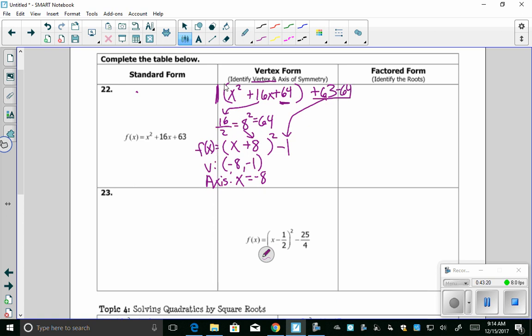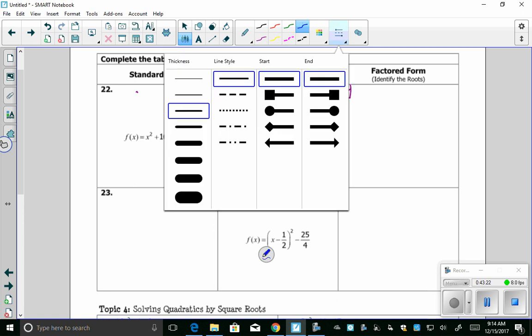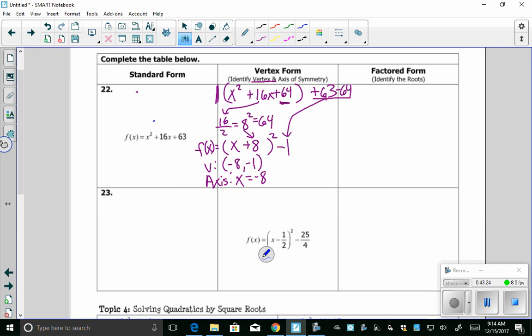So now they want us to factor it. Okay, to factor it, remember, take factors of 63 that will add to give me 16. Because the last number is positive and the middle number is positive, they're all going to be positive.